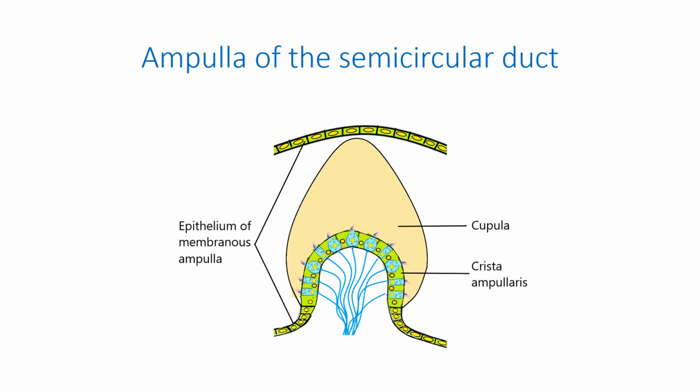Unlike the saccular and utricular maculae, all hair cells in the crista are polarized with their kinocilia pointing in the same direction. In the crista of the lateral or horizontal semicircular duct, the kinocilia are located on the sides of the hair cells that are closest to the utricle. In the other two ducts, the kinocilia are located on the sides of the hair cells furthest from the utricle.